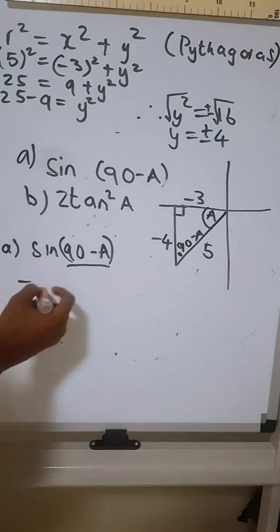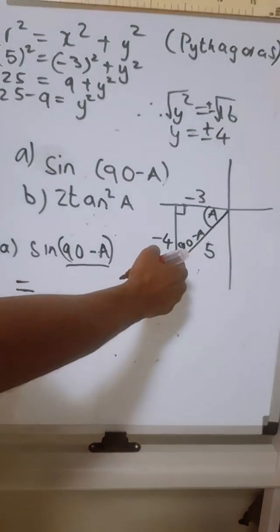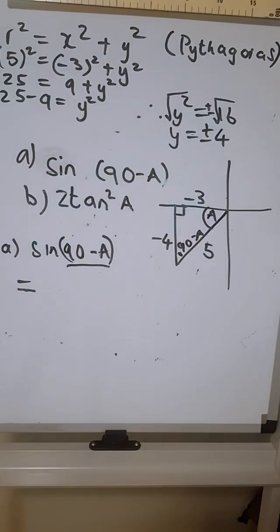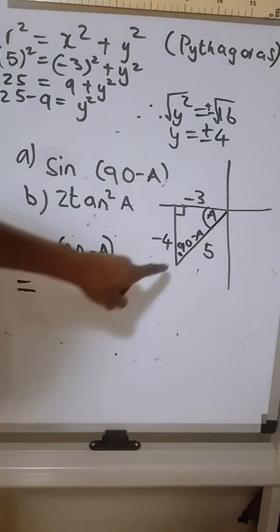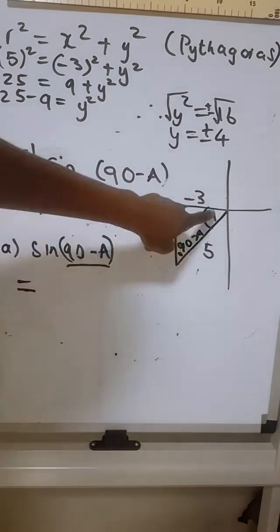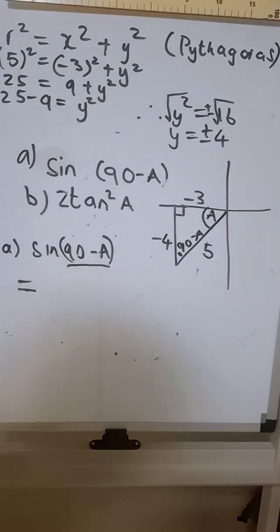Then what is the definition of sine in reference to this angle? Sine is opposite over hypotenuse, SOH. So where is my opposite side for this angle 90 minus A, not for the angle A, but for 90 minus A?